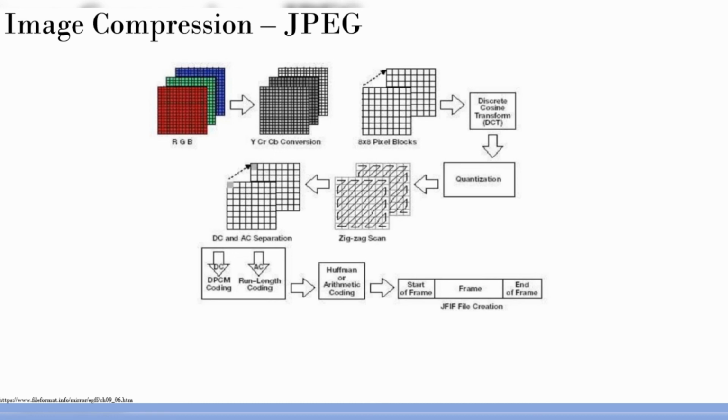I think I already explained this in the generic form, but let's concentrate on a very specific form here. This part should be very clear to you now. Let's concentrate from here. Now what we are going to do is treat the image in terms of 8x8 blocks.